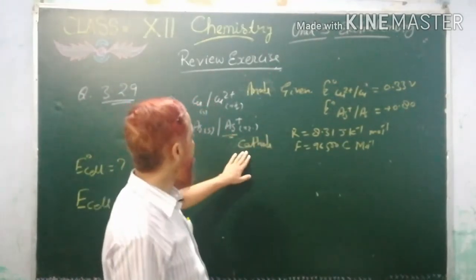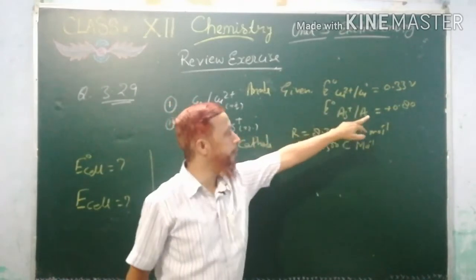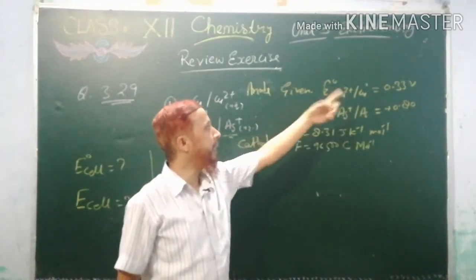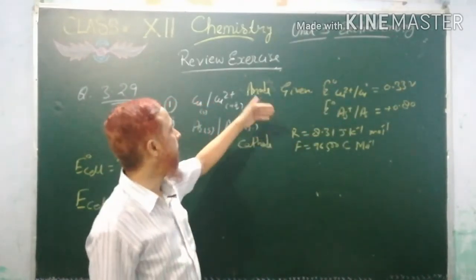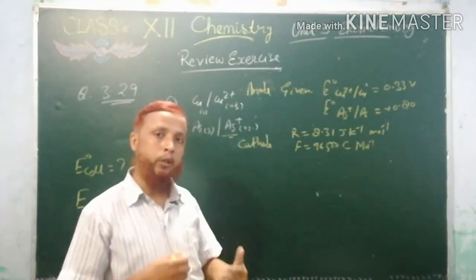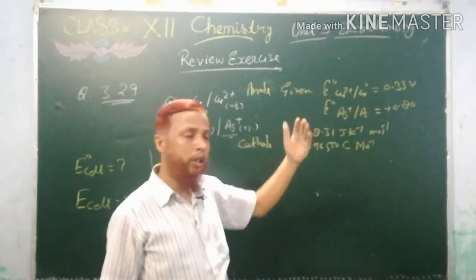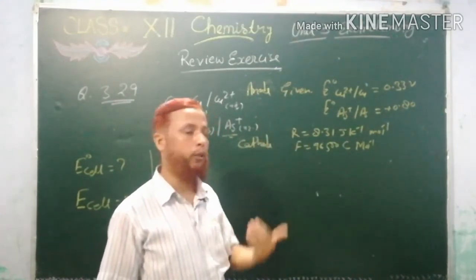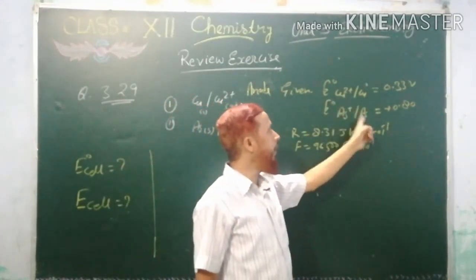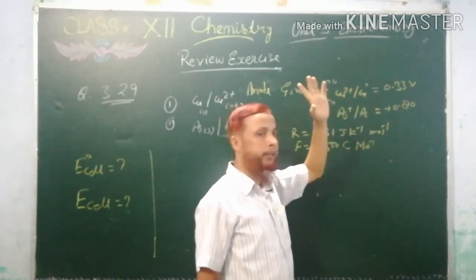Those that have a higher value of standard reduction potential are the cathode. Those that have a lesser value of standard reduction potential are considered as the anode. In the electrochemical series, those on top are anode and those down are cathode. Copper is above silver, so copper will be anode and silver will be cathode.